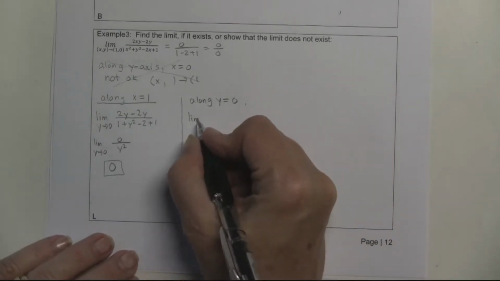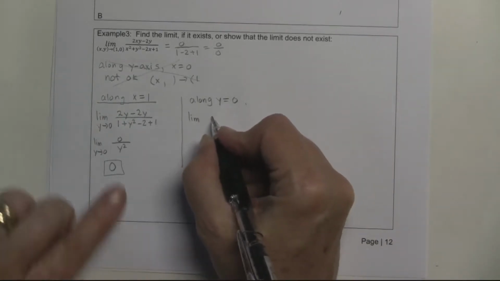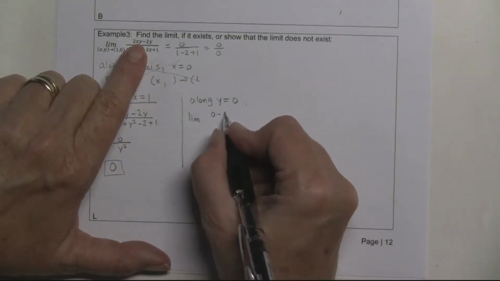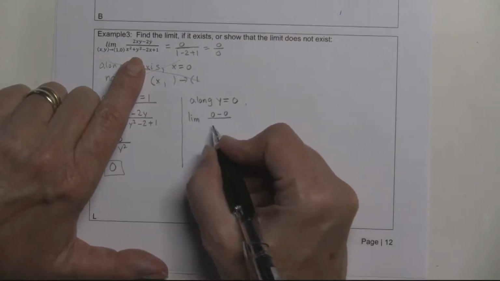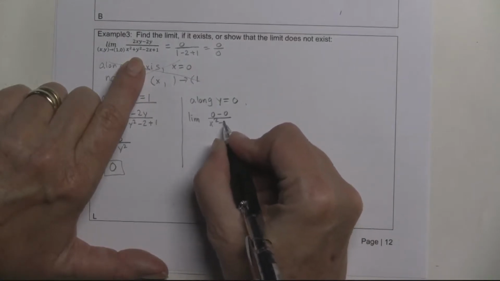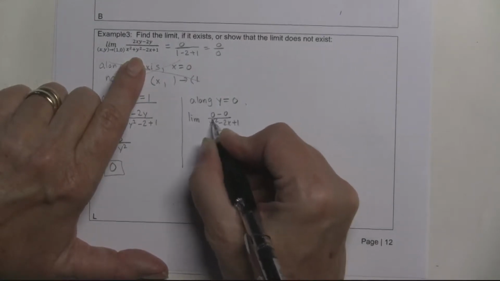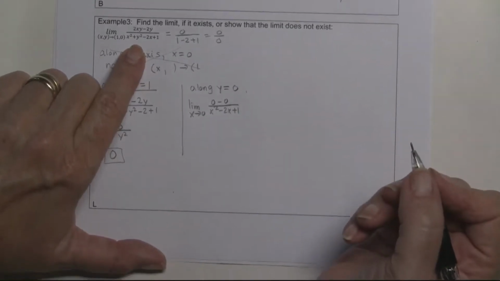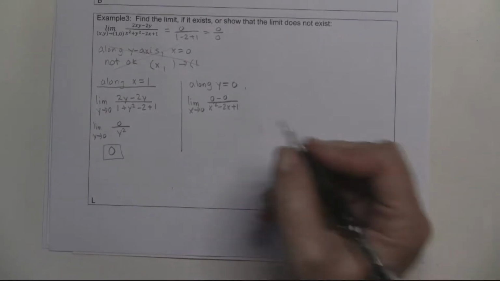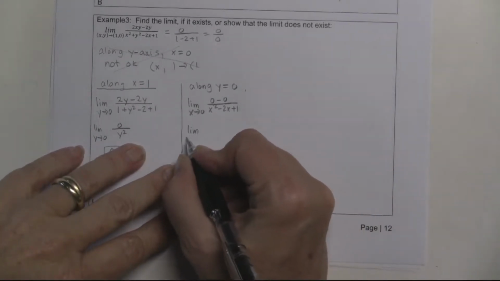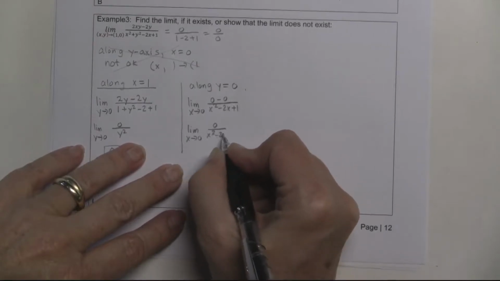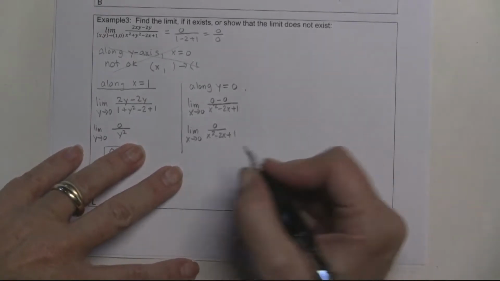When I put in y is 0, I get 0 minus 0 in the numerator, and in the denominator, I get x squared minus 2x plus 1, and x is going to 0. Just cleaning it up, 0 minus 0 is 0. So the limit as x goes to 0 of 0 over x squared minus 2x plus 1 is equal to 0 as well.